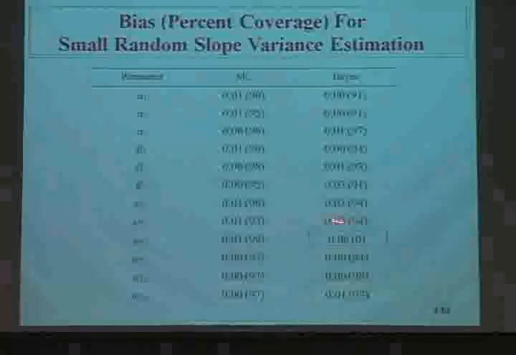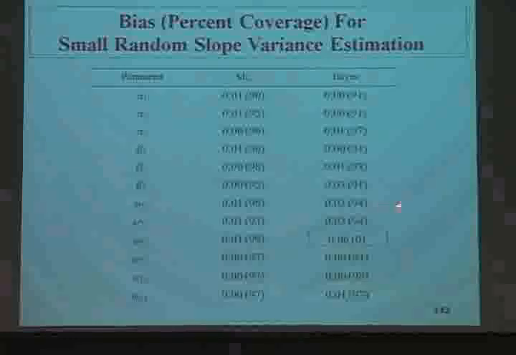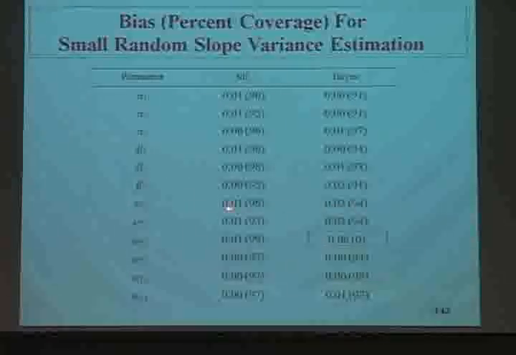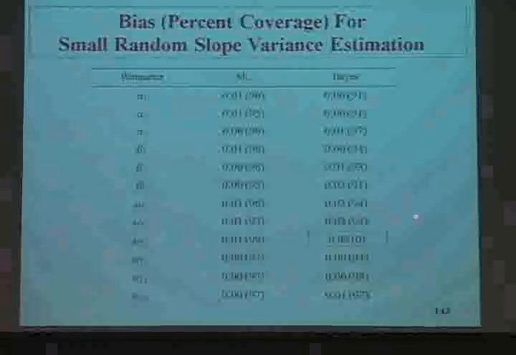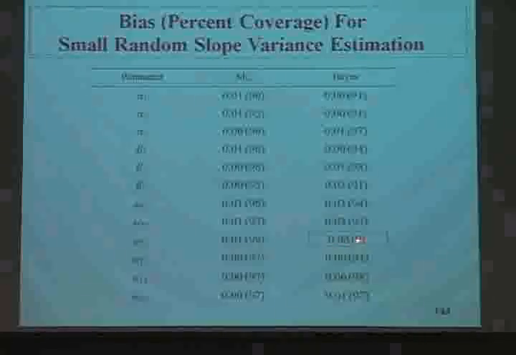Maybe there's a little bit of an effect here. You have a little bit of bias compared to ML, but those parameter estimates will be dependent on the prior, and the most problematic one is here.